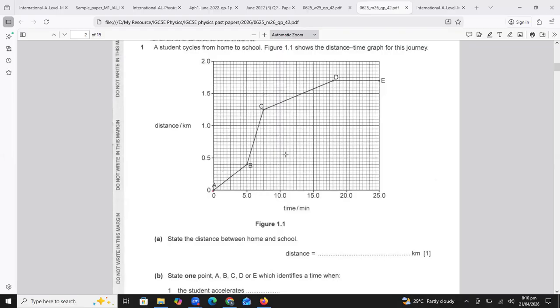But if I compare A to B and C to D, C to D has less gradient. Its gradient is steeper. If its gradient is steeper, it means that its velocity is decreasing. And if the velocity is decreasing, it means that its acceleration is less.